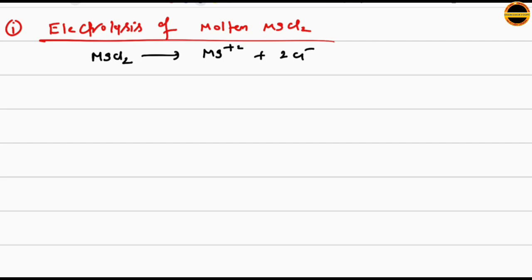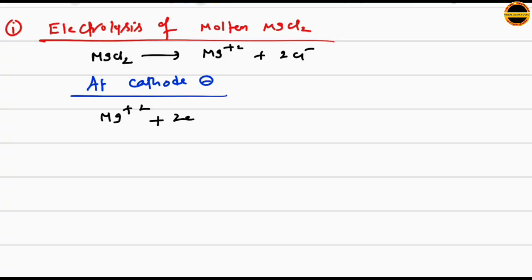We know cations move towards cathode. So at cathode, Mg plus 2 gains 2 electrons because it is reduction at cathode, and forms Mg.